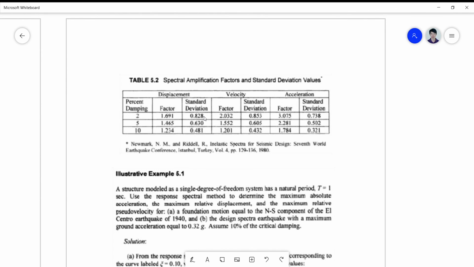Which simply means that the design response spectrum graph only approximates.